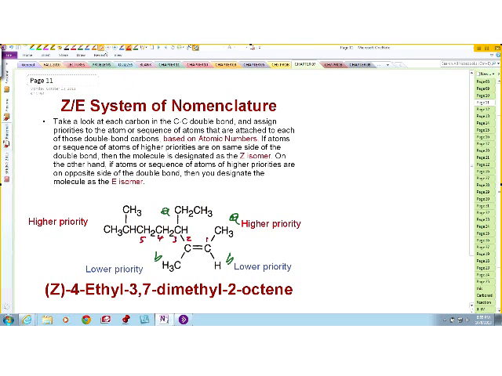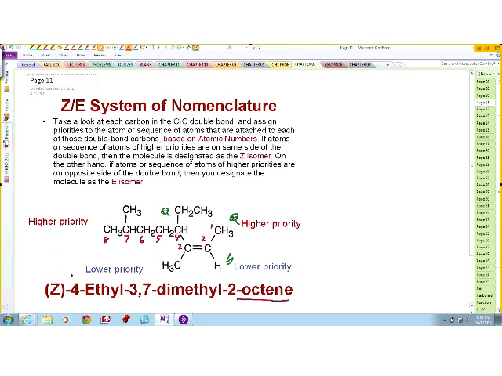Oh, I'm sorry. Sorry about that. Let me take that back. This is 1, 2, 3, 4, 5, 6, 7, and 8. So the longest carbon chain is 8. And the double bond is in position number 2. As you can see here, 2-octene.